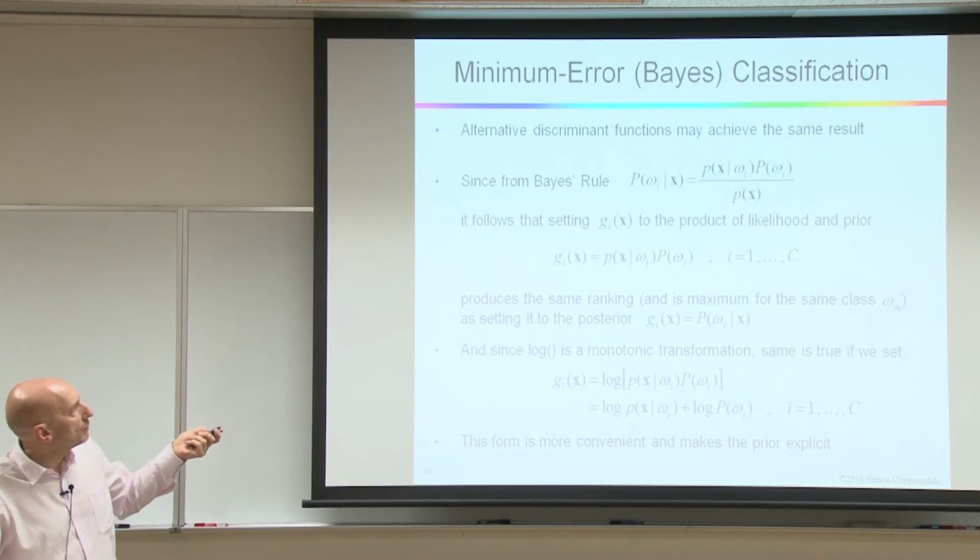But Bayes' rule gives you a way of inverting this to get this, or inverting this to get this.